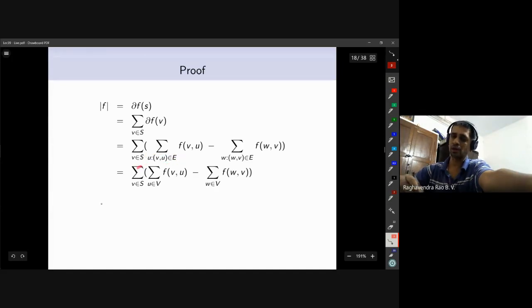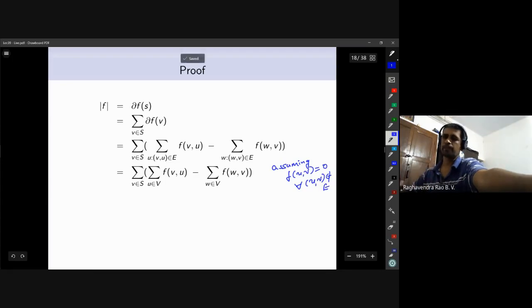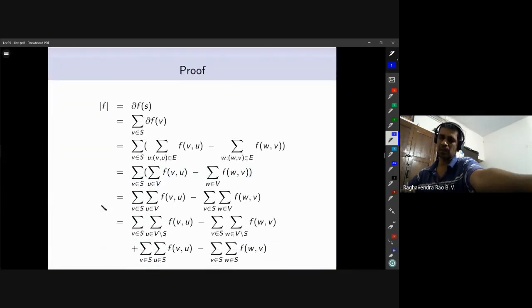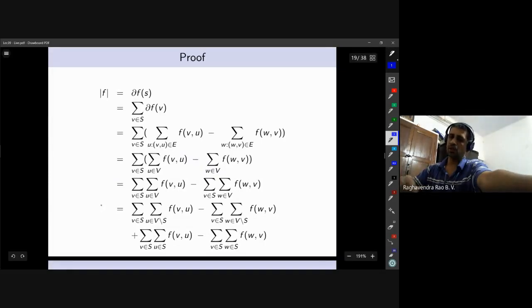Instead, I'll just run over all v in S and then all u in V, and here all w in V, instead of saying wv is in E, assuming f(uv) is 0 for all uv not an edge. That's all I did. Now let's rearrange it further. I just rewrote it, so I took away this bracket. This is how it looks.